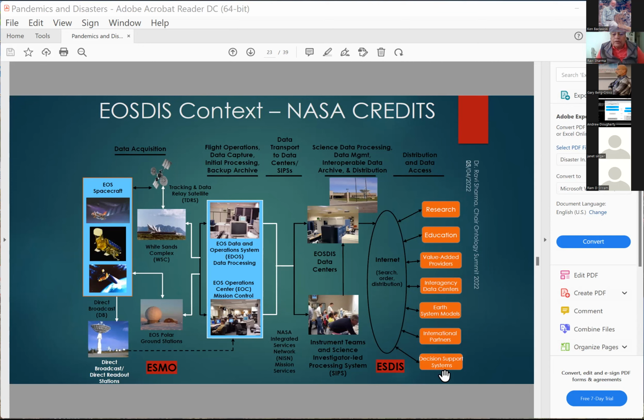How many data active archive centers? They are data active archives because you can retrieve old data as well as real streaming data are coming to these locations.